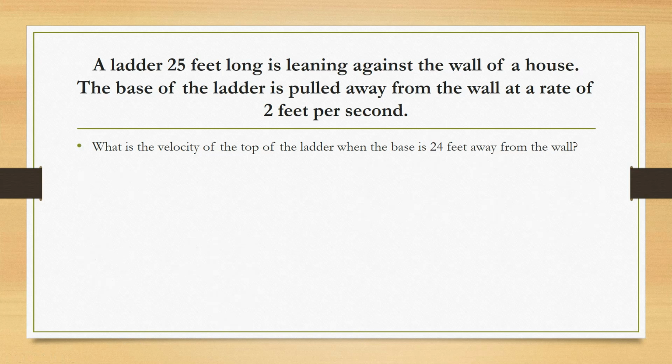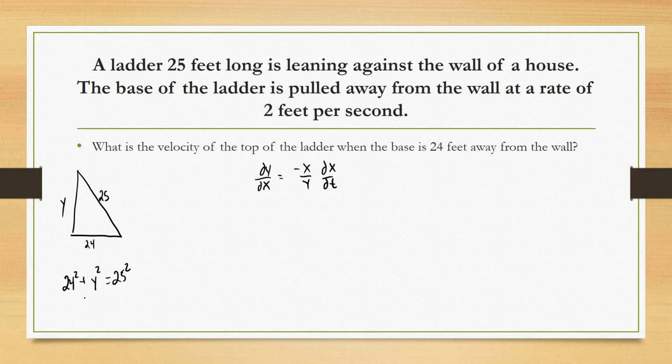All right, what about if the base is 24 feet from the wall? Nothing is changing here. This is 24. This is 25. This is y. We still know that dy/dt equals negative x over y times dx/dt. Now we need to say 24 squared plus y squared equals 25 squared. So we know that 24 squared was 576 plus y squared equals 625.